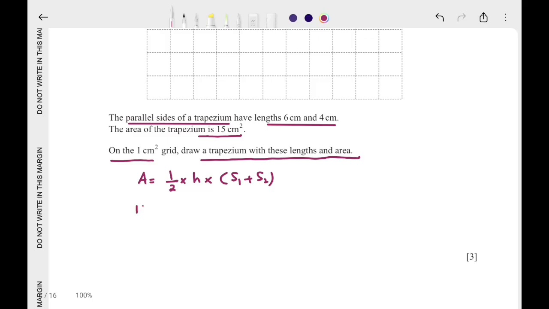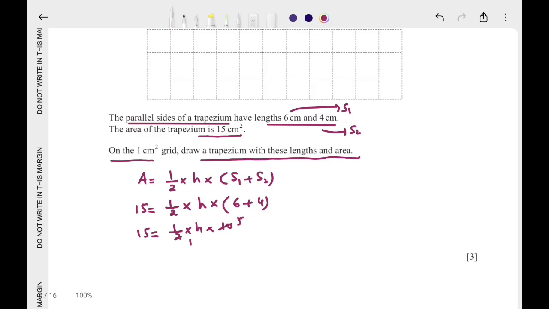So the area is 15, 1 upon 2 times height is missing. One of the parallel sides is 6 and the other is 4, so 6 plus 4. Solving further, 1 by 2 times h times 10. 2 times 1, 2 times 5. 15 is equal to 5h. So divide by 5, 15 divided by 5. The height would be 3.